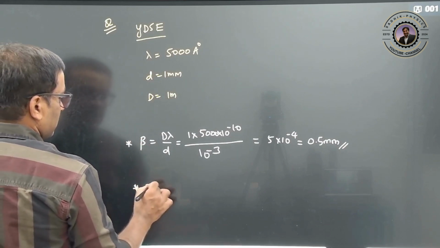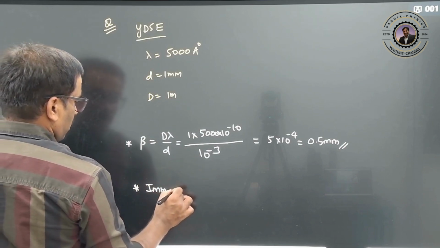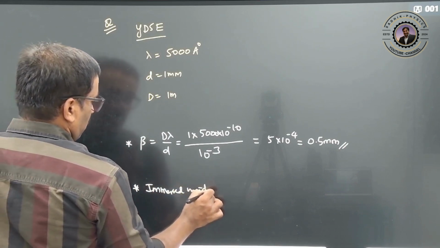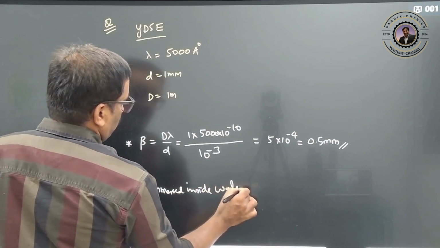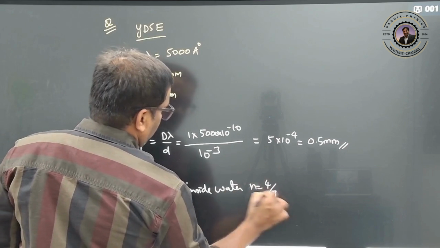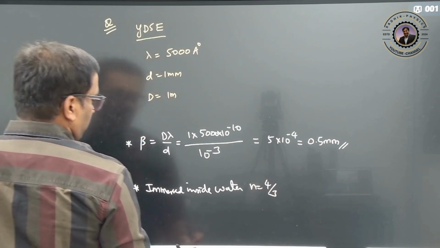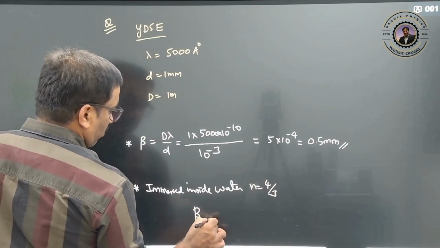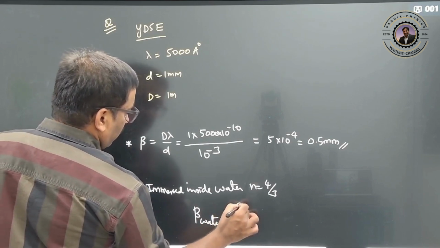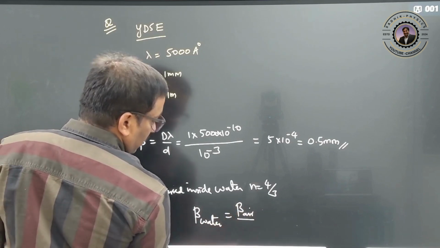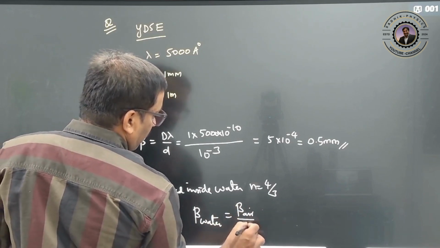Second question: if it is immersed inside water, you know the refractive index of water is 4/3. What will be the fringe width in water? It will be the fringe width in air divided by n.